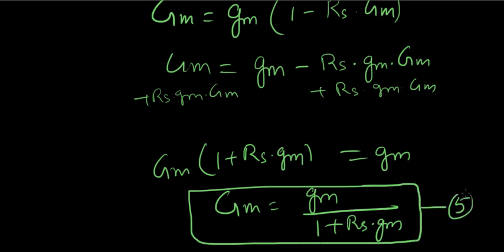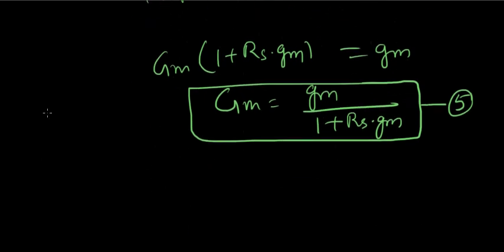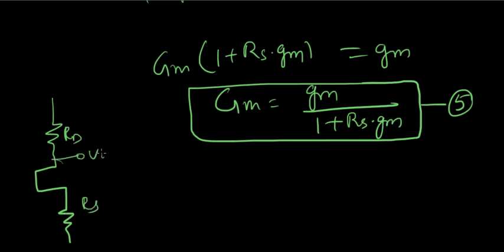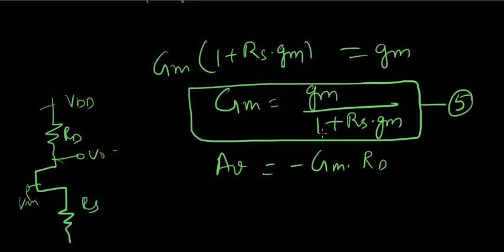I think this is equation 5. And for this circuit, let me do this real quick. So voltage gain is given by minus GM times RD. Now we can substitute this in place of this.